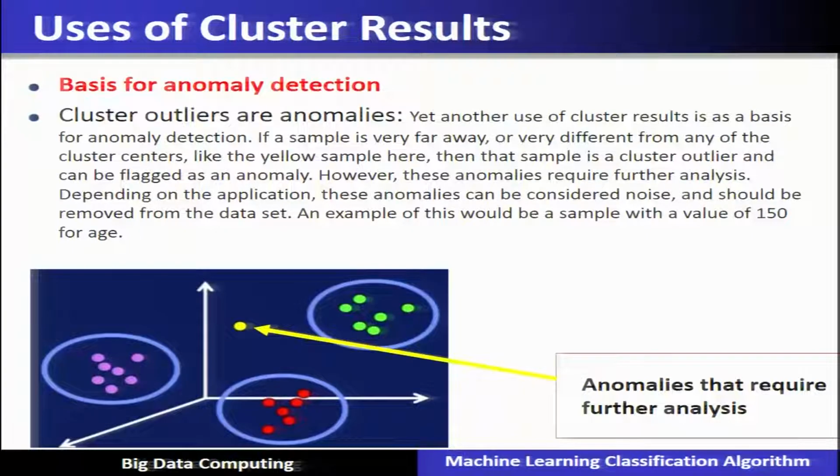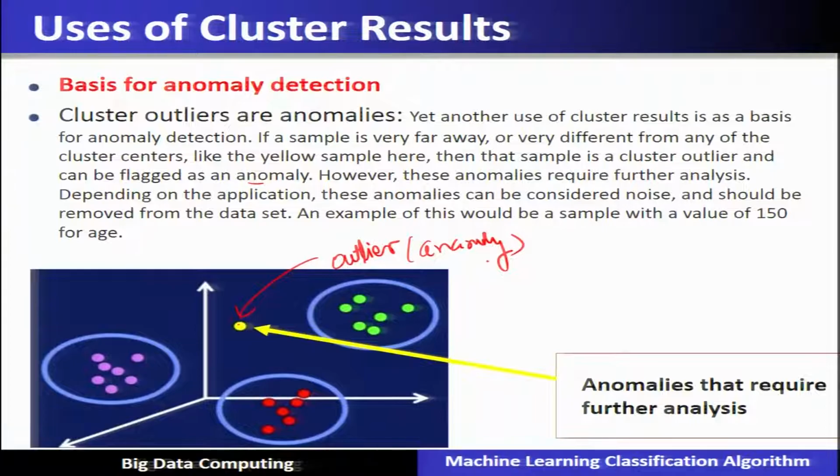If a sample is very far away or very different from any of the cluster centers, like the yellow data point shown here, then the sample is a cluster outlier, and can be flagged as an anomaly.